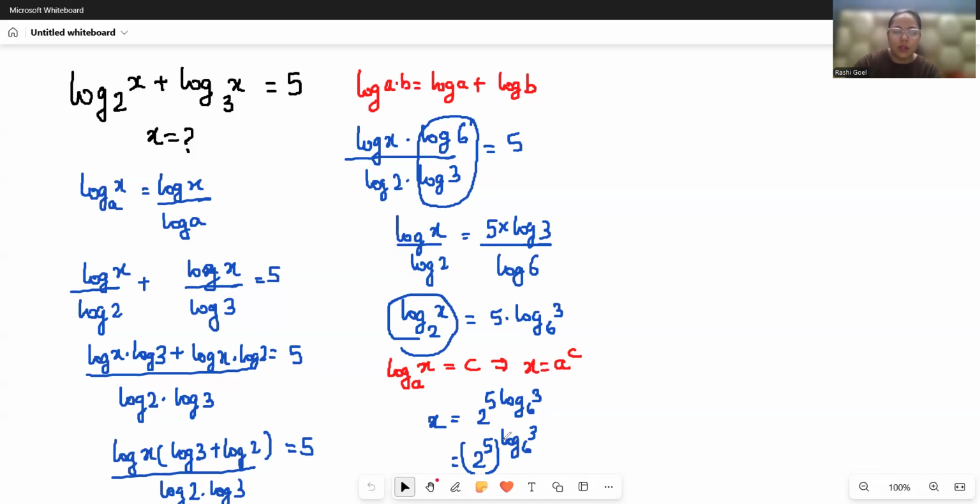So x equals 2 power 5, which is 32, so 32 power log 3 with base 6. So this is the value of x.